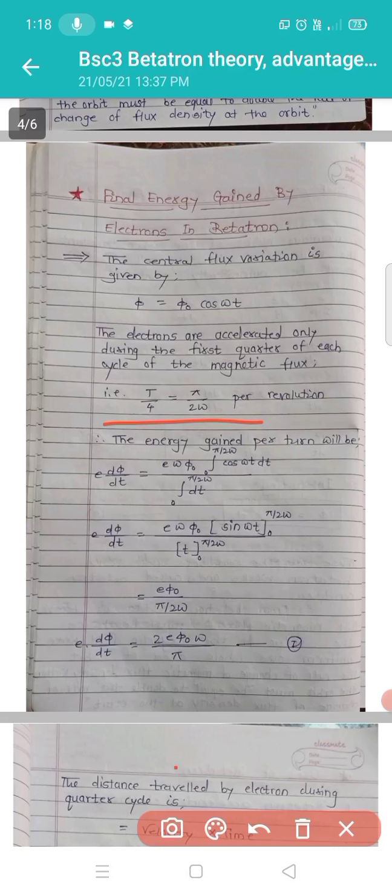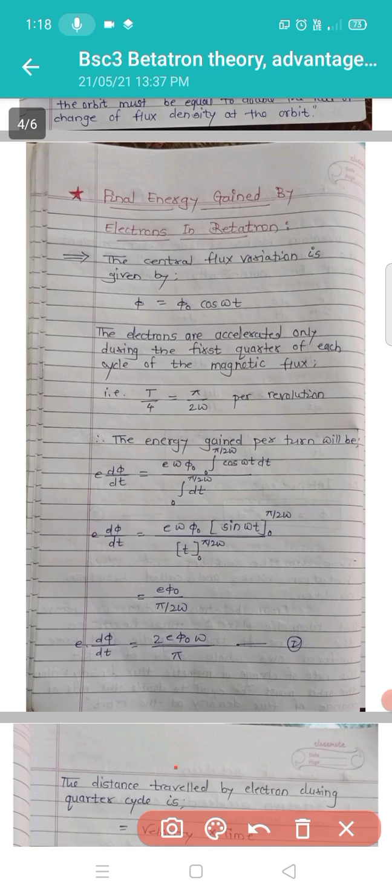The energy gain per turn is written as e dφ/dt, equal to eφ0 times the integration from 0 to π/2ω of cos ωt dt.